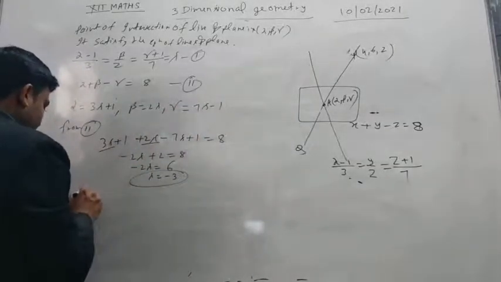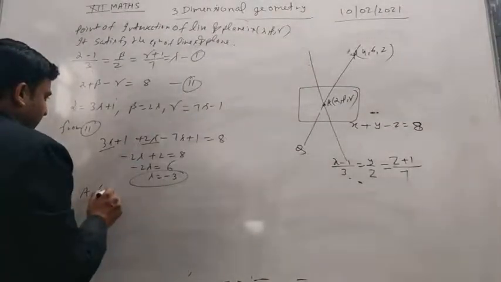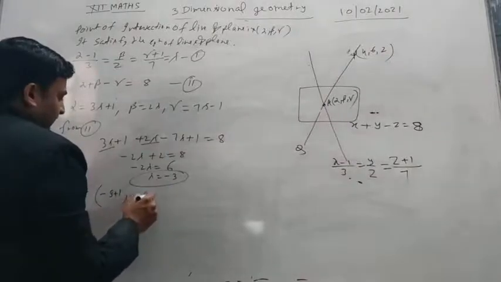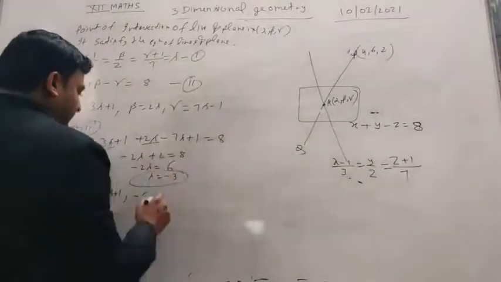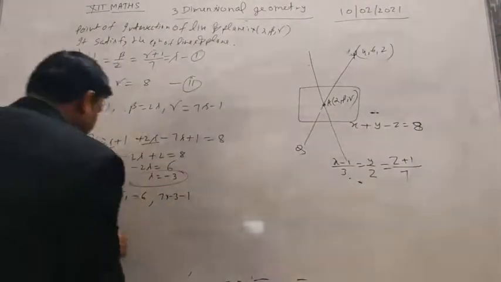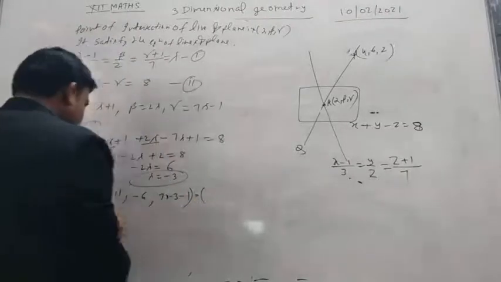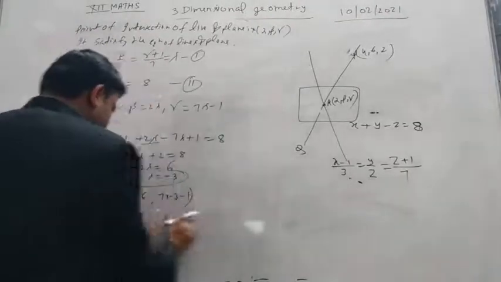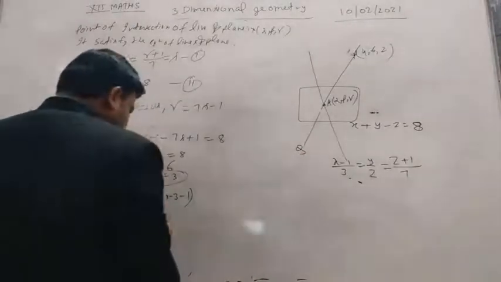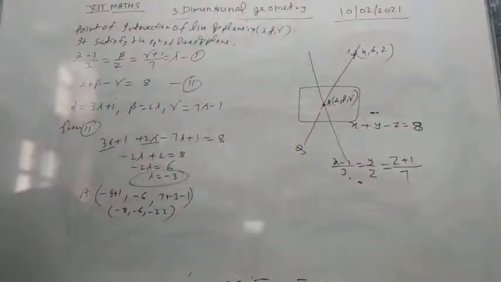So coordinate A is, this is minus 9 plus 1, and this is minus 6, and minus 21 minus 1, students. So we get the point which is minus 8, minus 6 and minus 22.